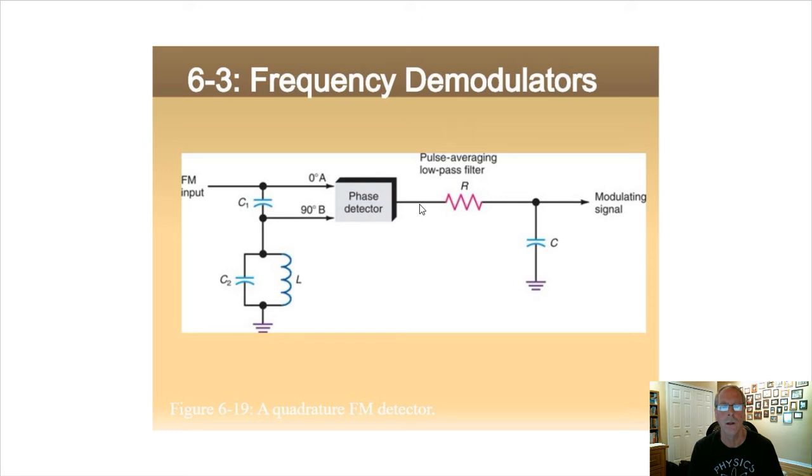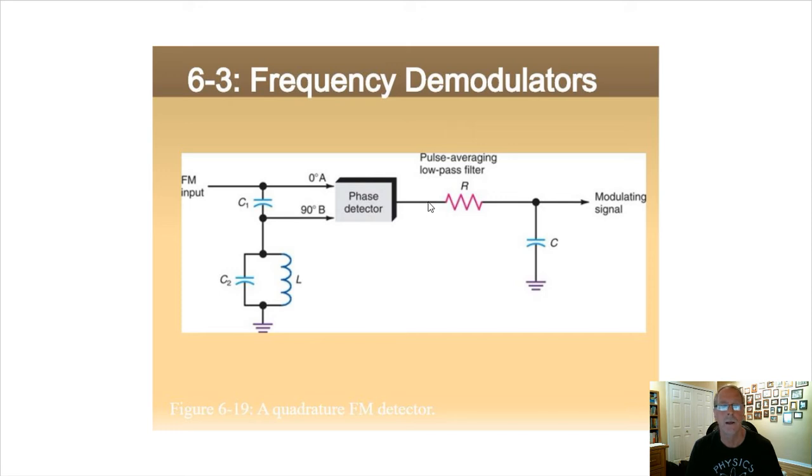For example, if they're 90 degrees out, let's say you get a volt out. If they're 60 degrees out, you might get 3/4 of a volt output. If they're 120 degrees, you might get 1.25 volts out of your phase detector.